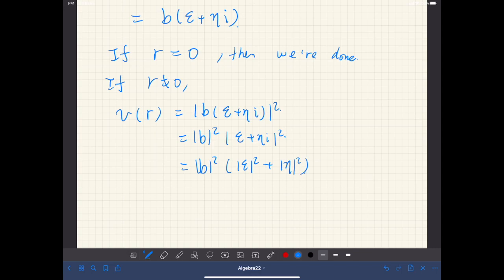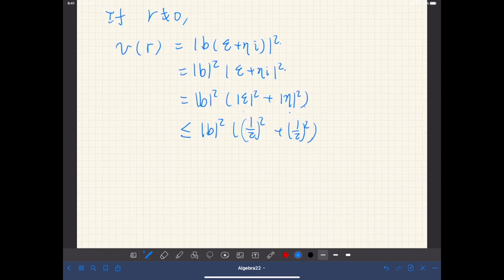By the way we defined epsilon and eta, they are both at most 1/2 in absolute value. So this is less than or equal to B squared times 1/2 squared plus 1/2 squared, which is 1/4 plus 1/4, that is 1/2 of B squared.